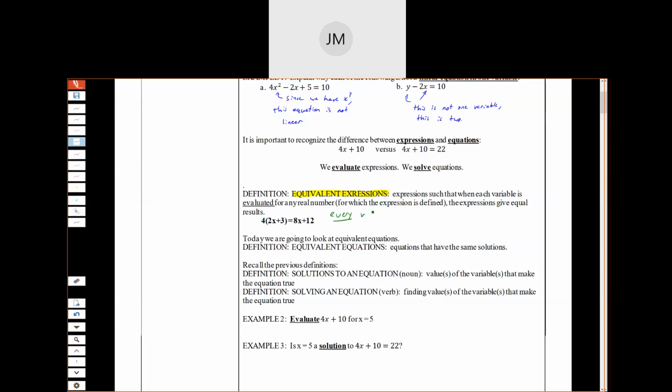Every value for x will make this equation true. So these expressions are equivalent.